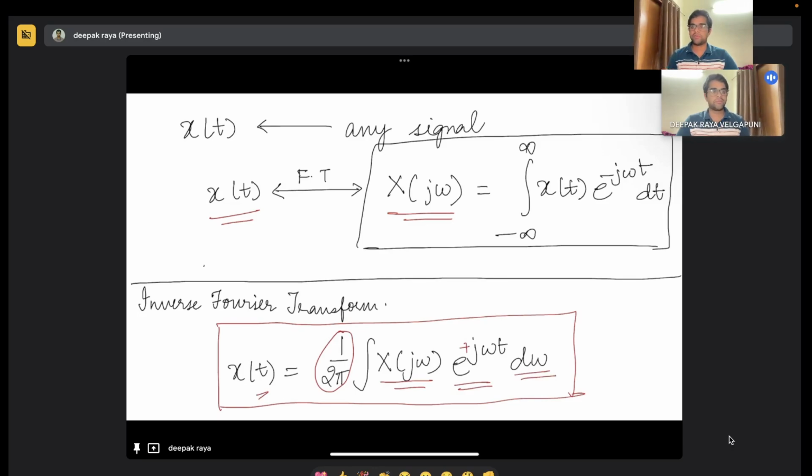This is the inverse Fourier transform. If you have frequency information, you can always convert back to time. If you have time information, you can always go back to frequency information. The key takeaway is that x of t and x of f are the same information. What we are seeing is different, but it's the same thing at the end of the day.